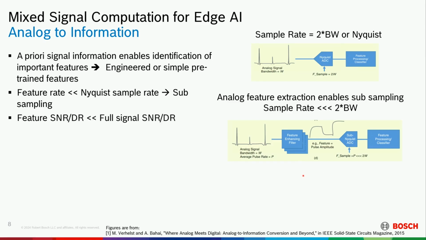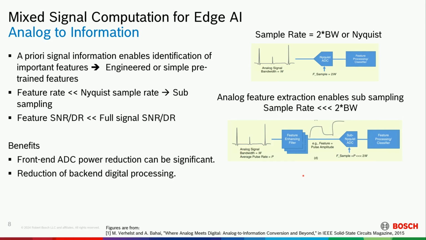And then furthermore, if you don't need as much dynamic range or SNR for those features, you can get some benefits. You can reduce ADC power, and that power reduction can be fairly significant.